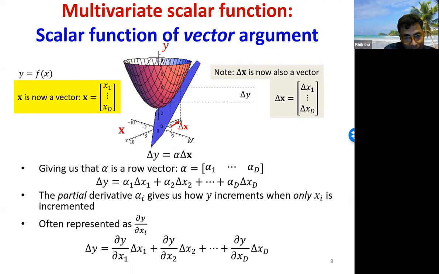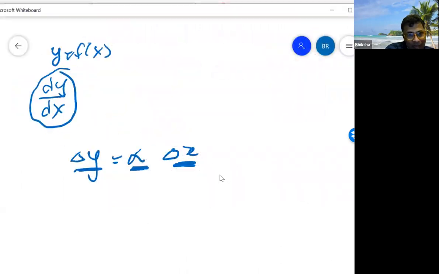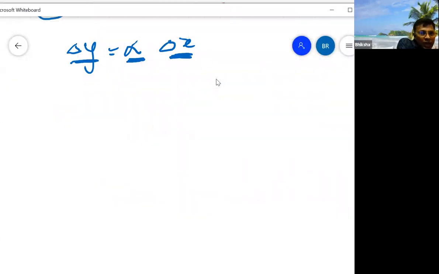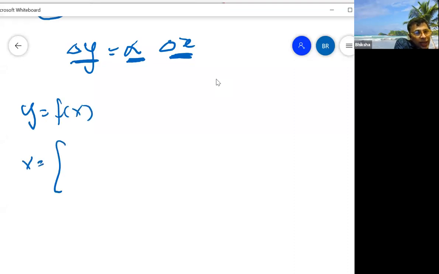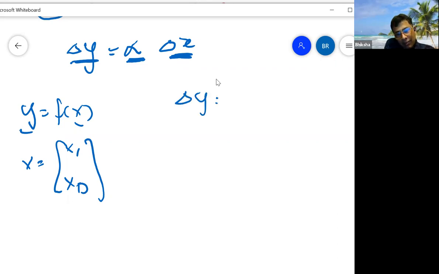Now, if I have y equals f of x, and x is x1 through xd, right? Y is a scalar, x is a vector, okay? What is delta y going to be? Is delta y a scalar or a vector?